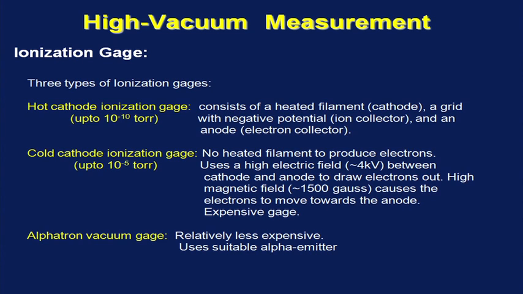So, the path of the electron will be extended, and that will increase the probability of collisions between electrons and gas molecules, and thus positively charged ions will be formed. The cold cathode ionization gauge is, however, more expensive.